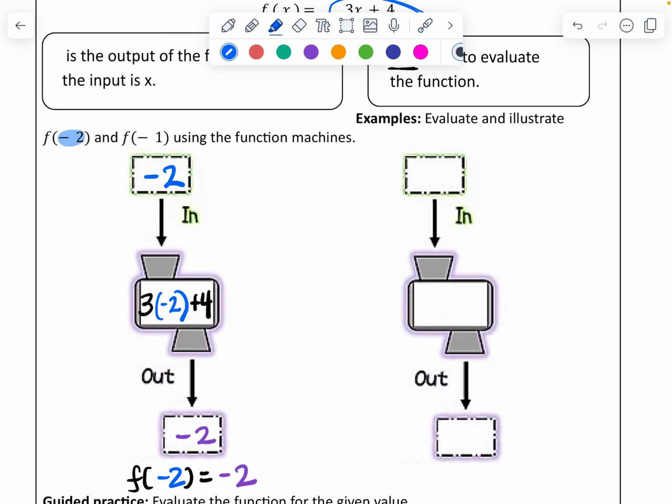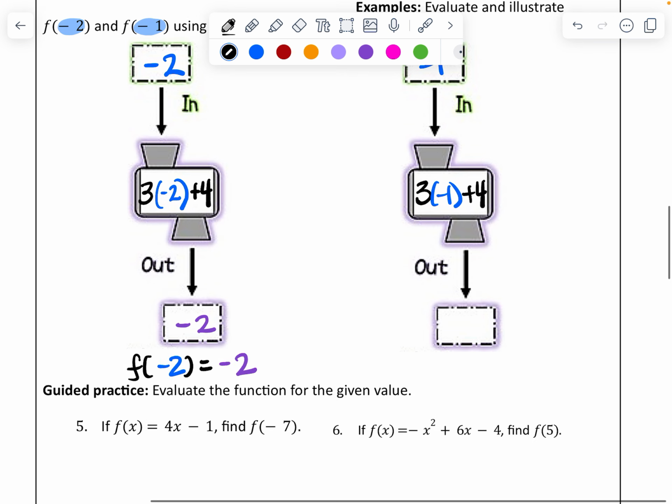Let's try it with the same rule using -1 as our input. So we would put -1 in for x, 3 times -1 plus 4. Put that in your calculator, 3 times -1 plus 4, and the output would be 1. So f of -1 equals 1.